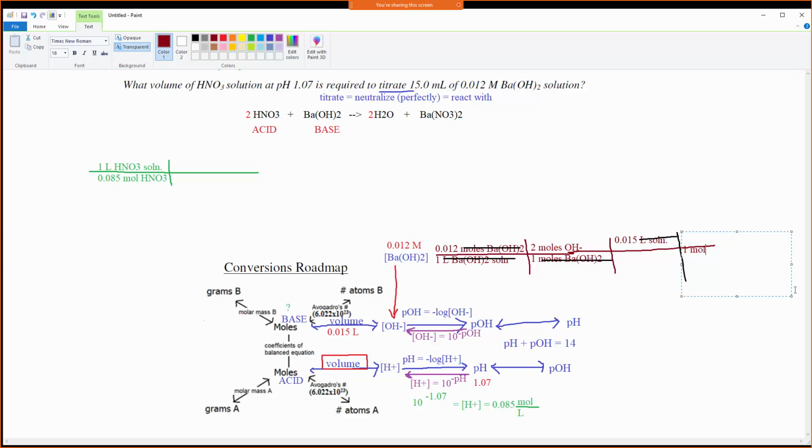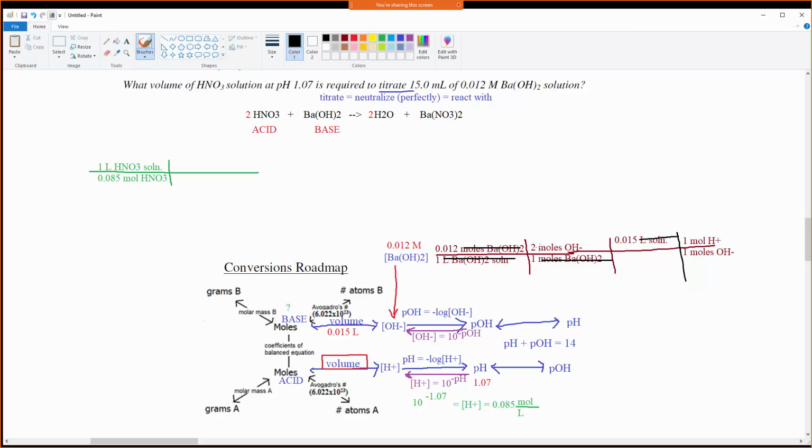Because we want 1 mole of hydroxide on the bottom, right? It reacts with 1 mole of my H plus or HNO3 solution. So my moles of hydroxide cancel, and I have my moles of H plus.